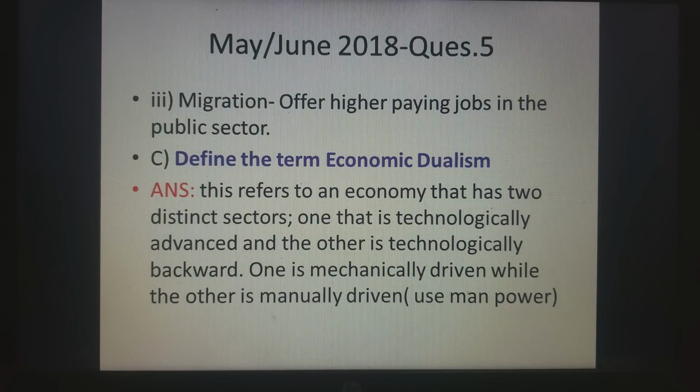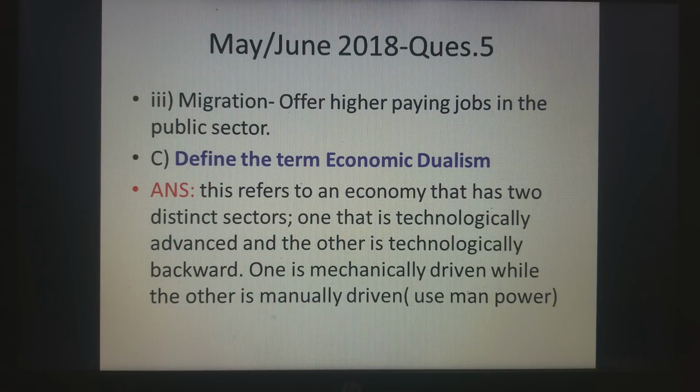One that is technologically advanced and the other is technologically backward. One sector is mechanically driven while the other is manually driven. There's a preponderance of use of manpower. So that is what is called economic dualism.